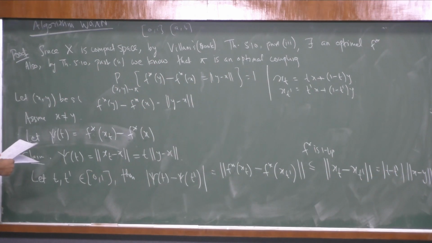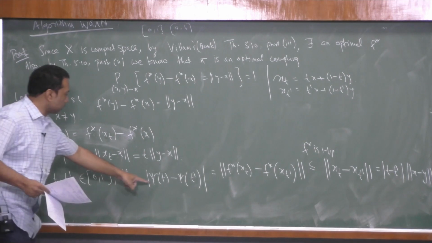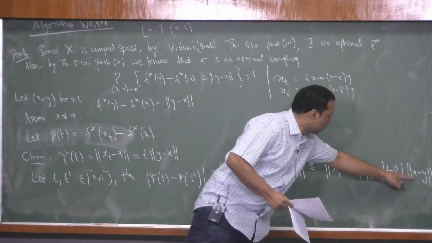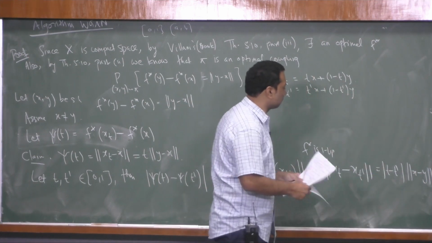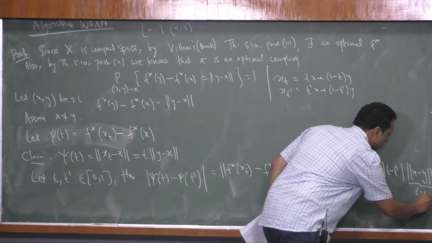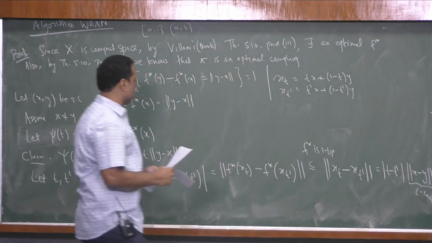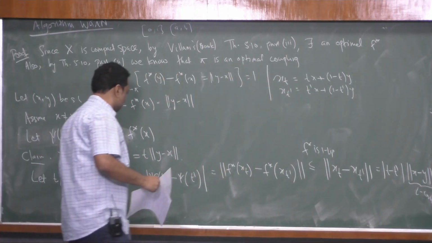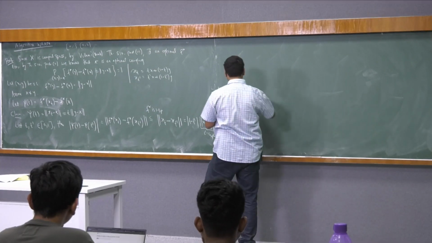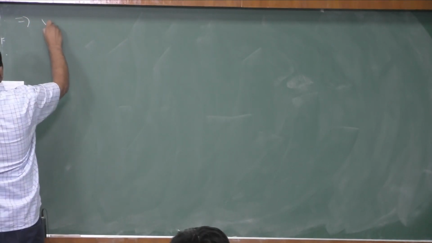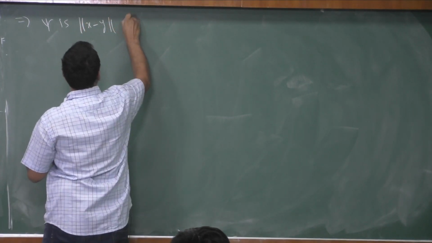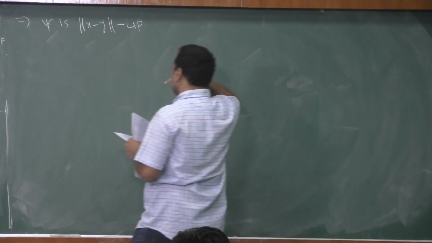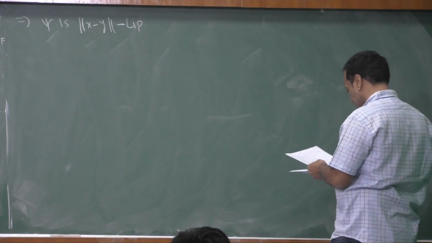And so this essentially proves that the psi function is Lipschitz, because we started with psi t minus psi t prime, and we ended up with mod t minus t prime, and norm x minus y becomes your Lipschitz constant here. So this implies that psi is norm x minus y Lipschitz.